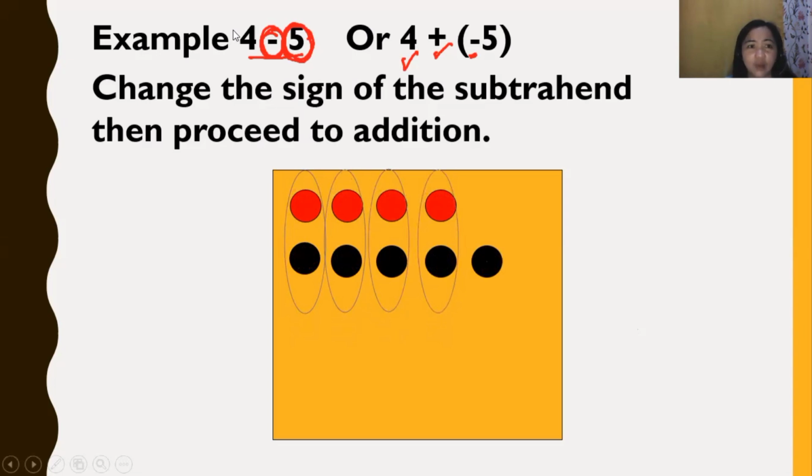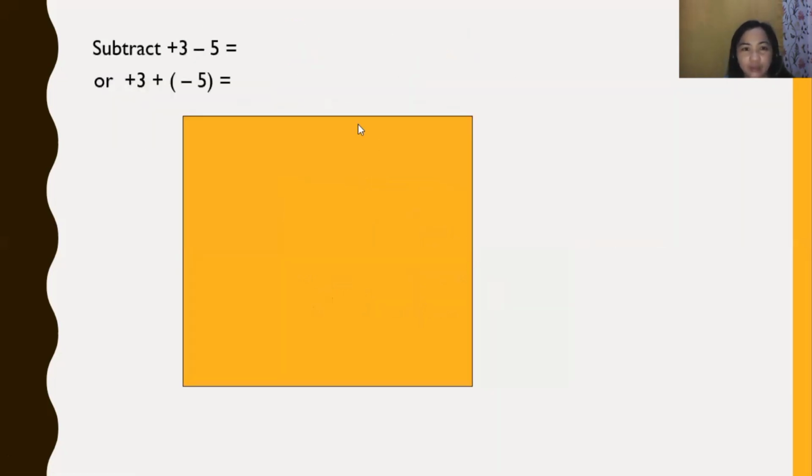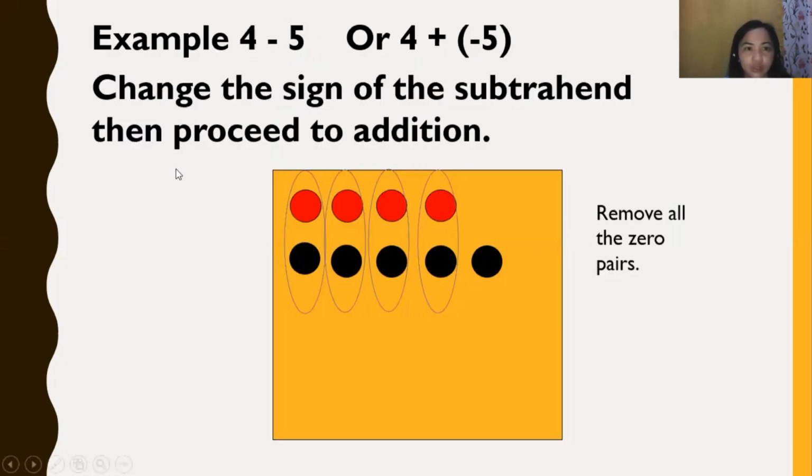What remains is 1 black counter. Isa lang yung natira. The answer is 1 black counter, which represents negative 1. The answer is negative 1.